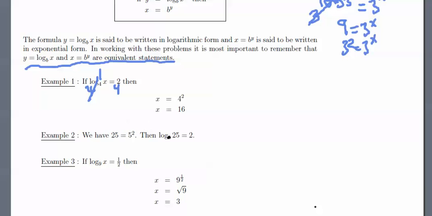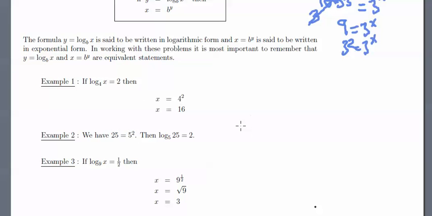Now we have 25 is equal to 5 squared. Just as you can raise the equation to a power with one base, you can also take the log of both sides.